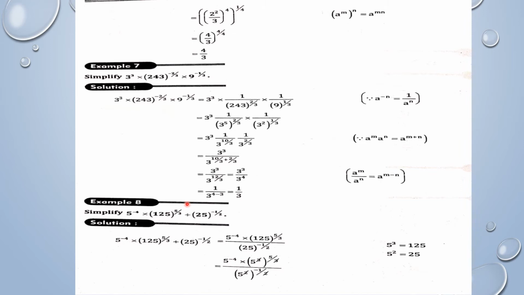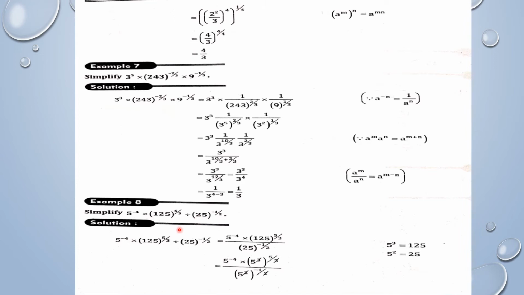So you are directly taking 1 divided by 3 to the power 4 minus 3. If you have the denominator as the highest, you should write in the form of 1 divided by, according to this law. So you will get 1 divided by 3 to the power 4 minus 3, which is equal to 1 by 3. So go with any of the methods which I have informed.